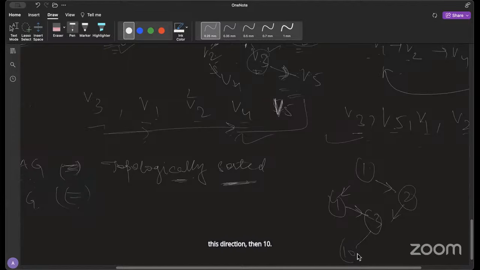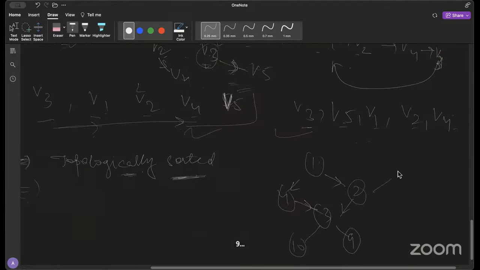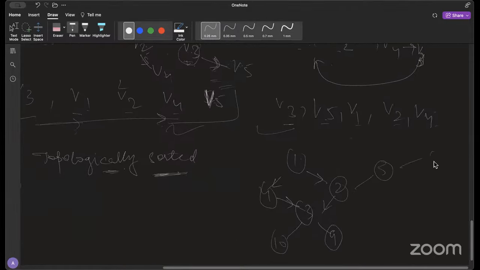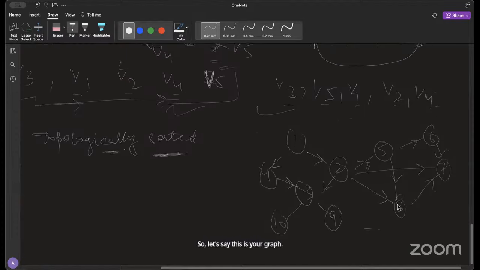Then 10, 9. Let's take this and this. So let's say this is your graph and you want to topologically sort it.